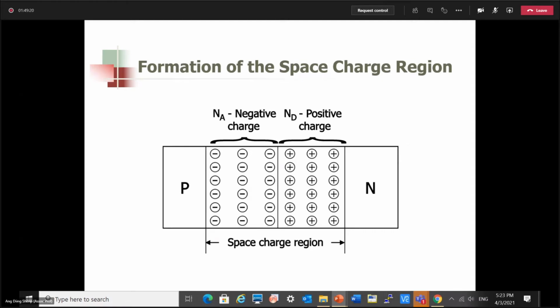Okay, thank you. Is it necessarily to be at the site, or do we just consider it at the site? This question about the site is due to the fact that the diffusion will always start to happen at the metallurgical junction, and then the space charge region will start to spread towards the rest of the semiconductor region. So this boundary divides the neutral semiconductor region from the space charge region.